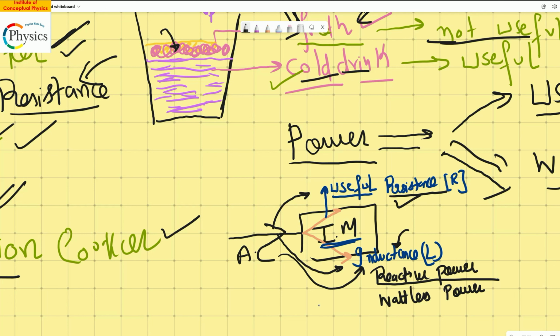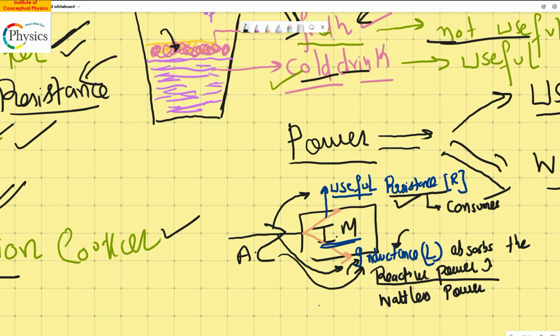The inductor absorbs the inductive reactive power, but a resistor consumes electric power. Now you will say, why did I say that the inductor is useless? There is a reason.